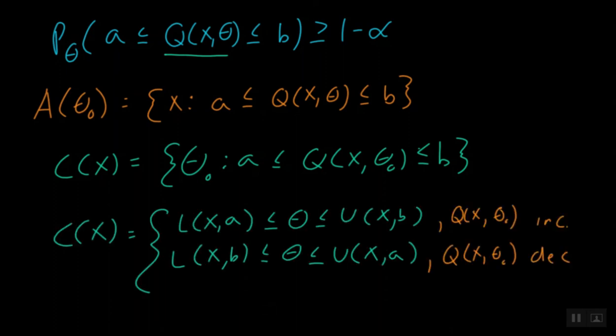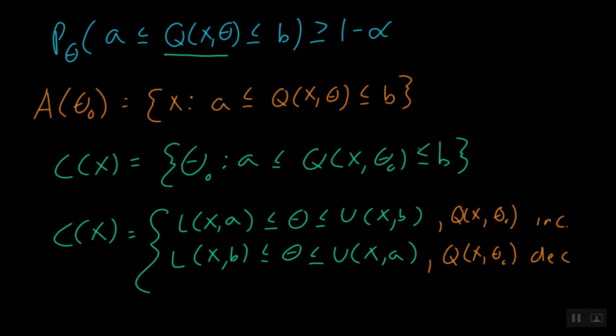We can create our confidence set such that we have a lower bound L of x comma A less than or equal to theta less than or equal to U of x comma B if we know that our pivot quantity is increasing, or we have another set, the lower bound L of x comma B less than or equal to theta less than or equal to the upper bound U of x comma A, where notice our A and our B are switched whenever our pivot quantity is decreasing.